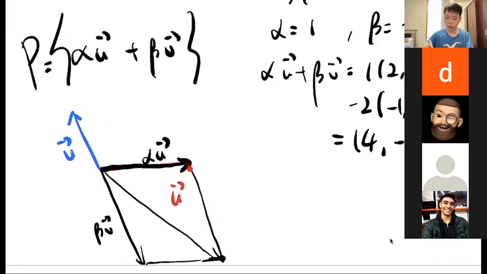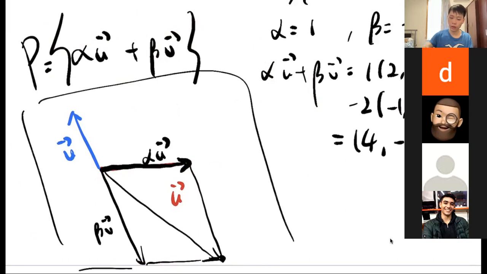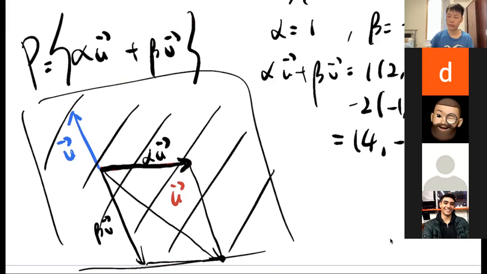You can stretch it any way you want, here, here, or here and there together. So you get the whole plane. Good.